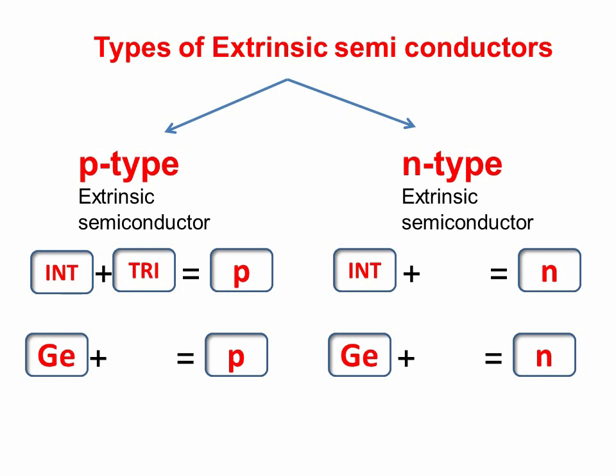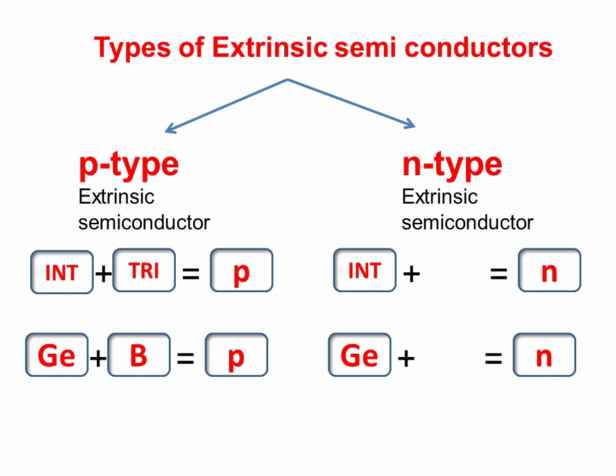So, intrinsic semiconductor plus trivalent material which gives p type extrinsic semiconductor. So, what is the example of trivalent? Yes, one of the example is boron. For intrinsic semiconductor, we use germanium plus trivalent boron which is equal to p type.